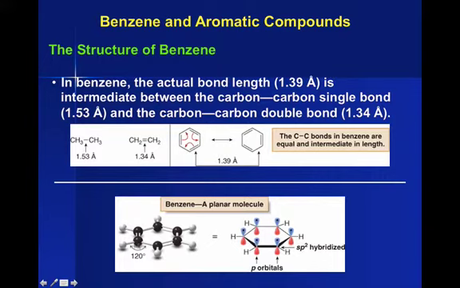Each carbon atom is trigonal planar with the 120 degree bond angle that you might expect. Each carbon atom has a p orbital with an electron in it, and so each carbon is sp2 hybridized. Each one has a p orbital, and they contain, in this pi system, a total of 6 pi electrons.